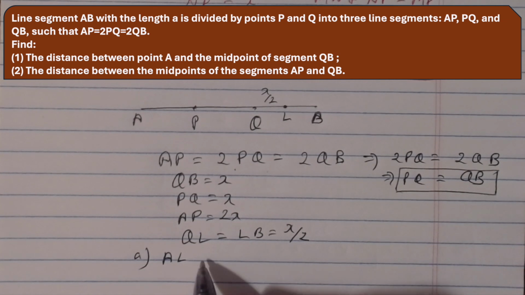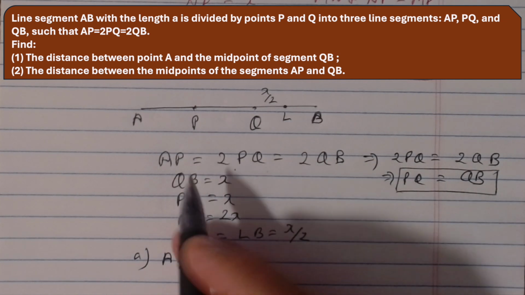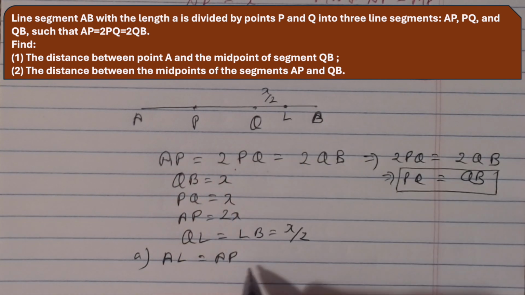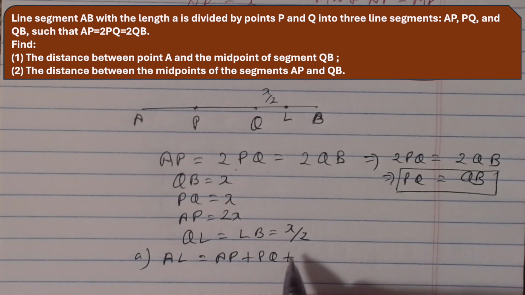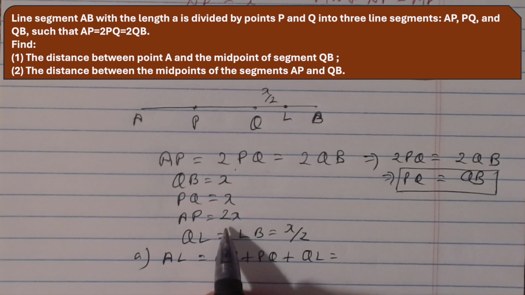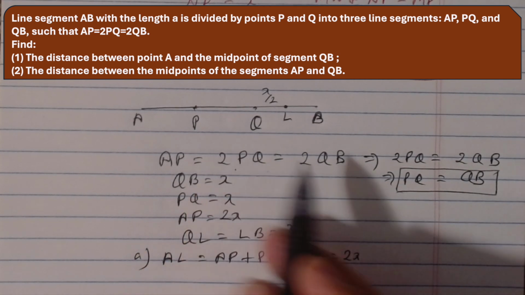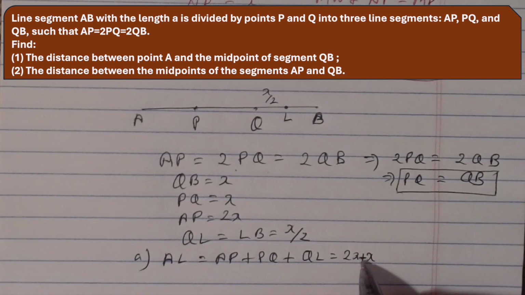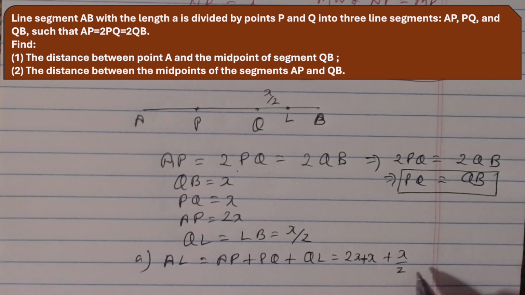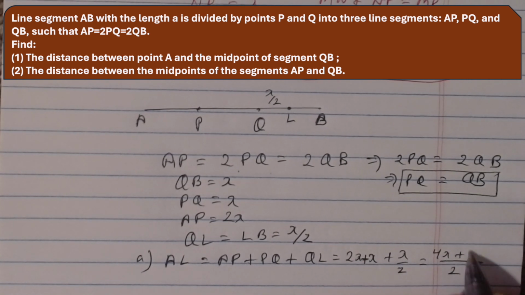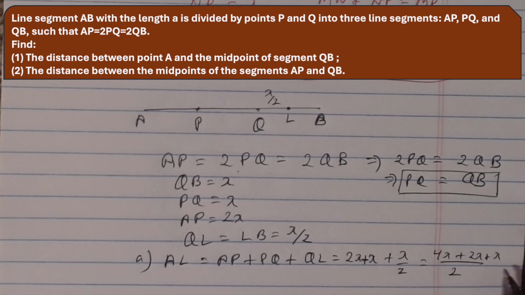And AL is AP plus PQ plus QL. And this shall be equal to 2x plus x plus x by 2. And if you take LCM, it becomes 4x plus 2x plus x, which is 7x by 2.